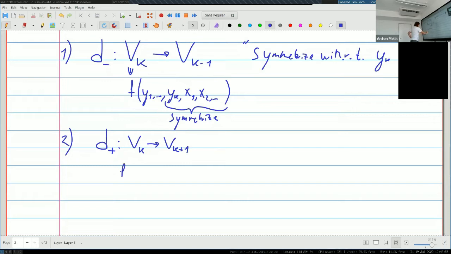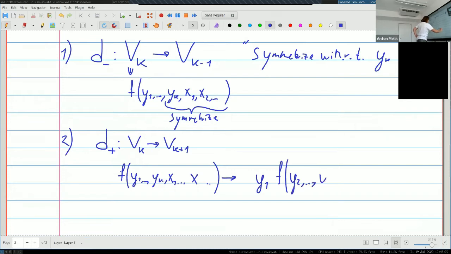You have a function in this space, and then you simply create a new variable, multiplying it by one, so you are adding the variable.